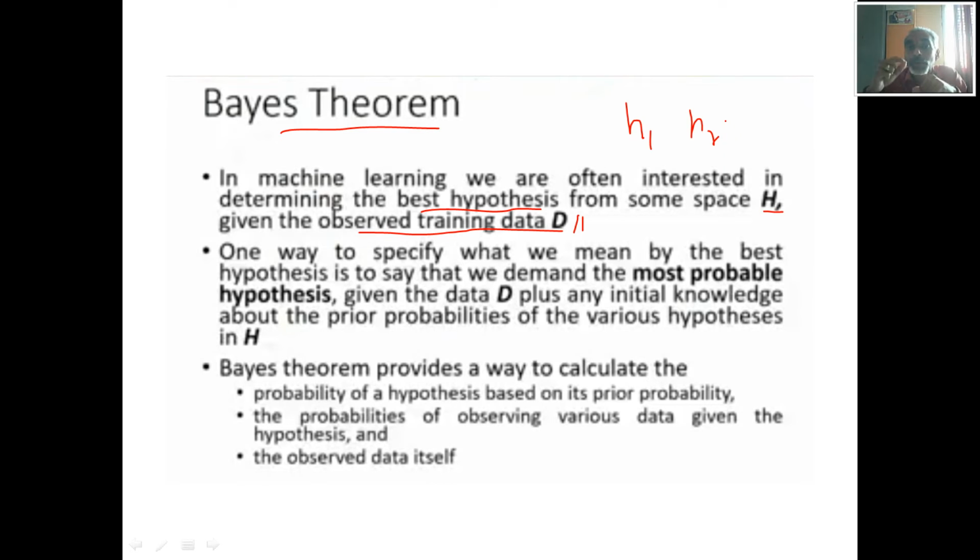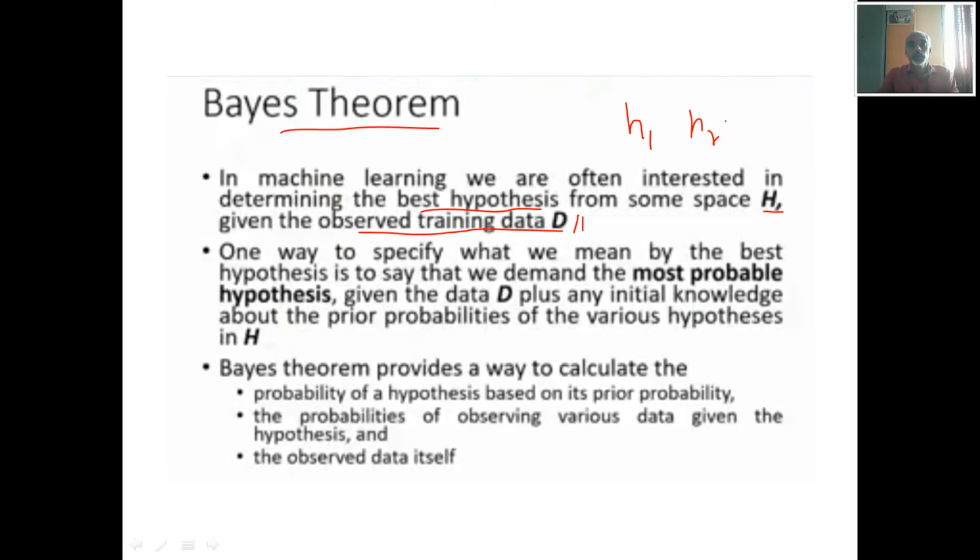Based on the observed training data, you should select the best hypothesis from the given set of all hypotheses. Now one way to specify what we mean by the best hypothesis is to say that we demand the most probable hypothesis. How?